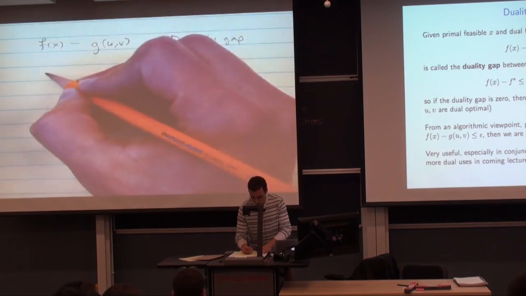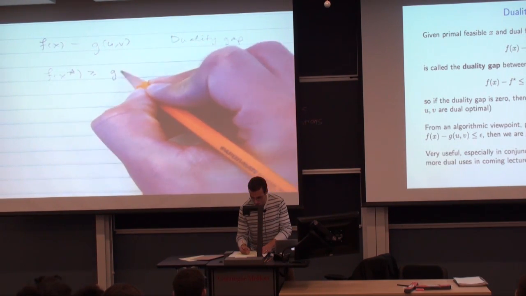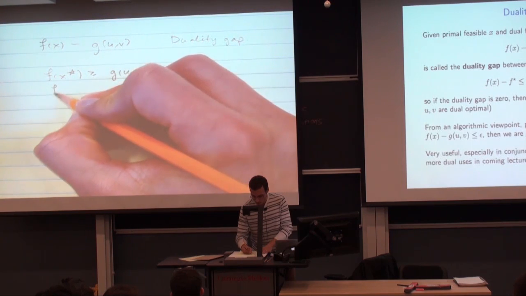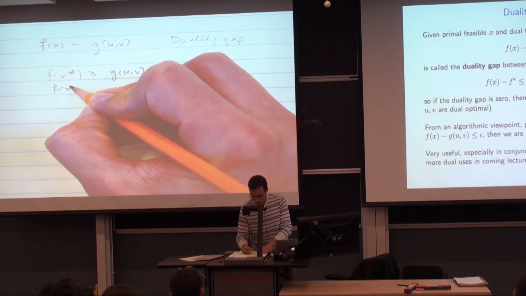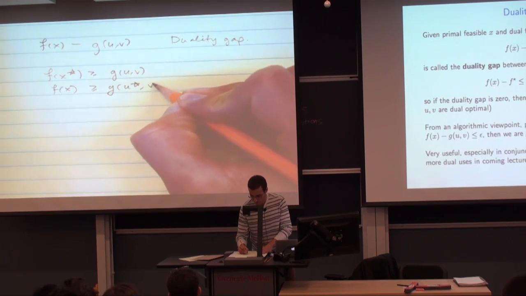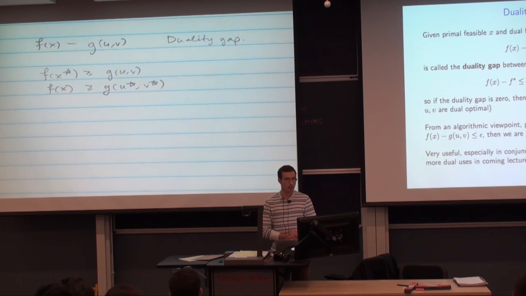Because we know that, for example, f of x star is bigger than or equal to g of u, v for all dual feasible u and v. And conversely, we know that for all primal feasible x, f of x is bigger than or equal to g of u star, v star.